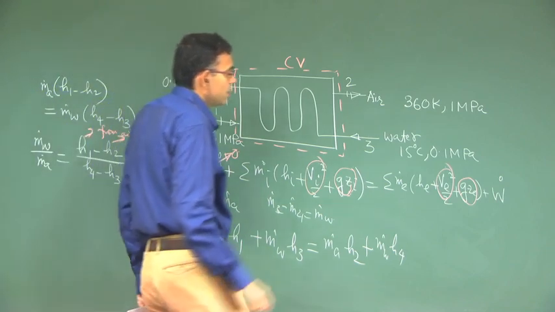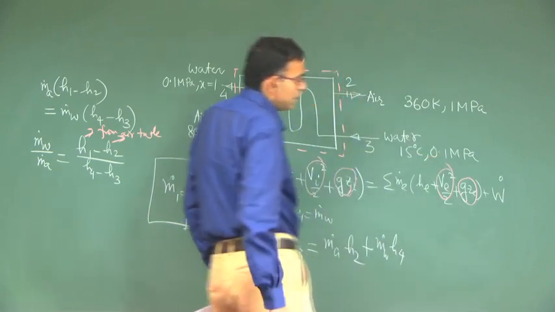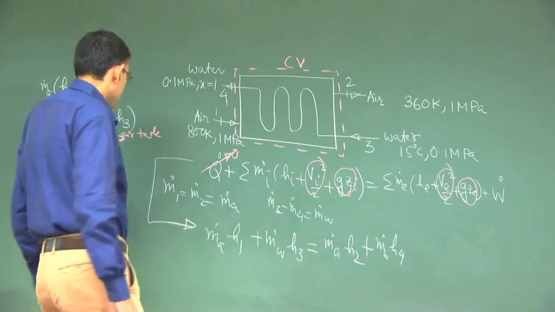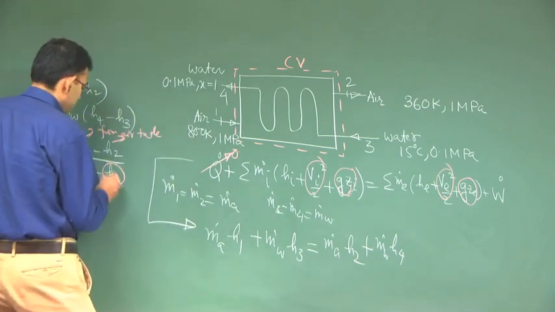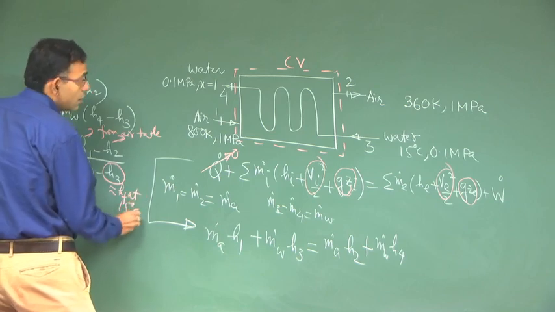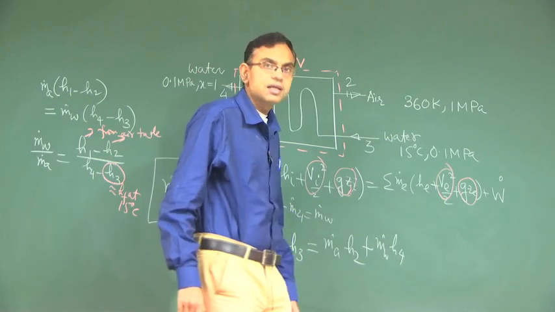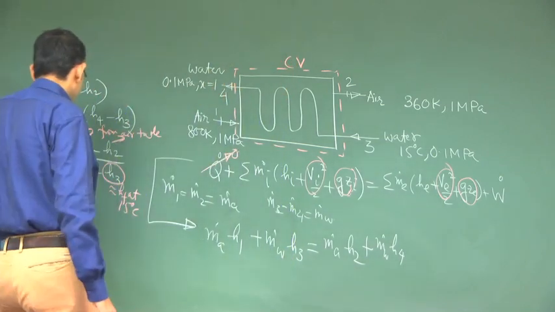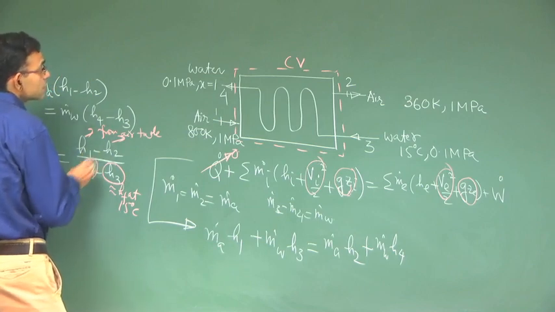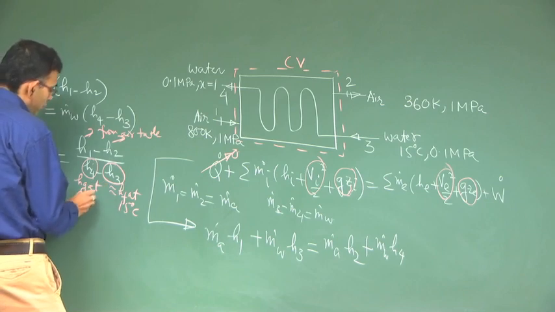H3 is water at 15 degree centigrade with 0.1 MPa. This you can approximate as Hf at 15 degree centigrade. This is compressed liquid, but its enthalpy can be approximated as saturated liquid, and H4 is Hg at 0.1 MPa.